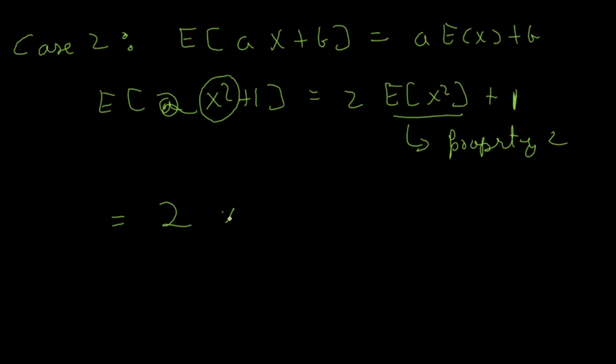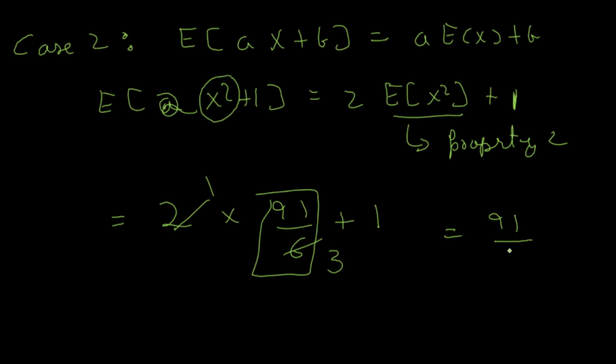So 2 times this we have already calculated in the previous example. So this will be 2 times 91 by 6 plus 1, which is 94 by 3. Again the same answer.